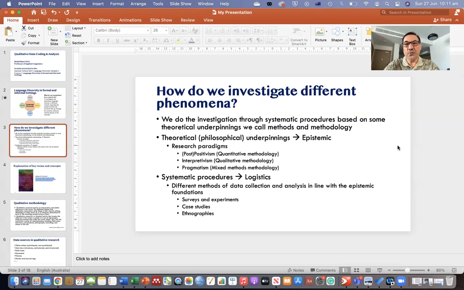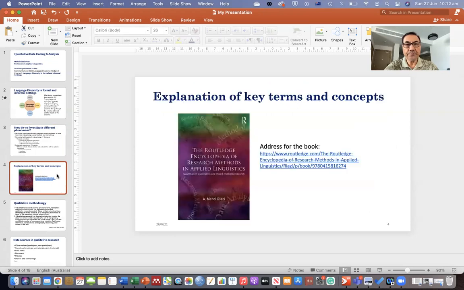So, for example, those who decide to do surveys and experiments use positivism or post-positivism quantitative methodology. And those who do case studies, mostly collecting qualitative data, or ethnographies, usually can be framed within an interpretive paradigm. Of course, as I mentioned, it might be possible that within a research project, we use both surveys as well as ethnographies and a combination of them, and therefore use a mixed methods approach.